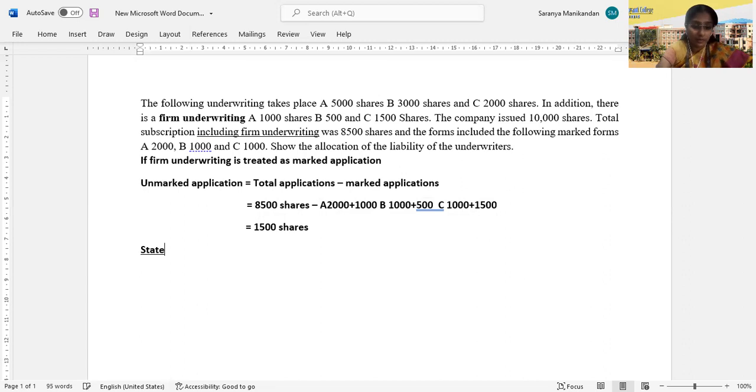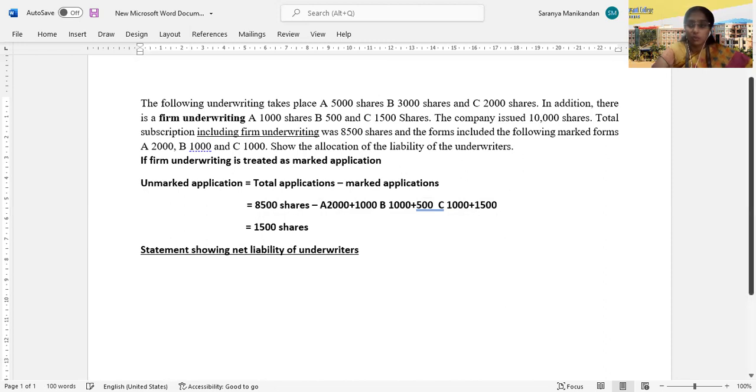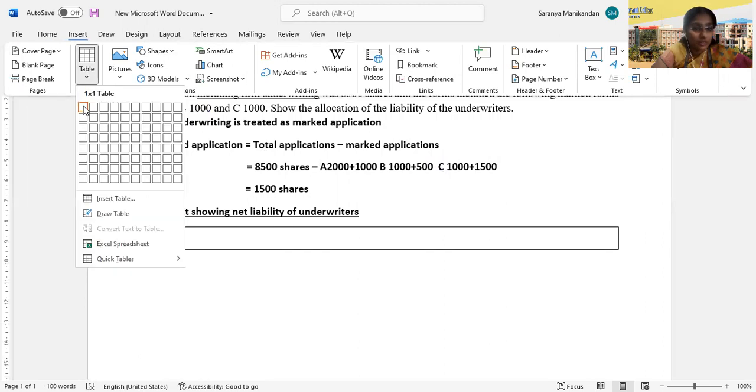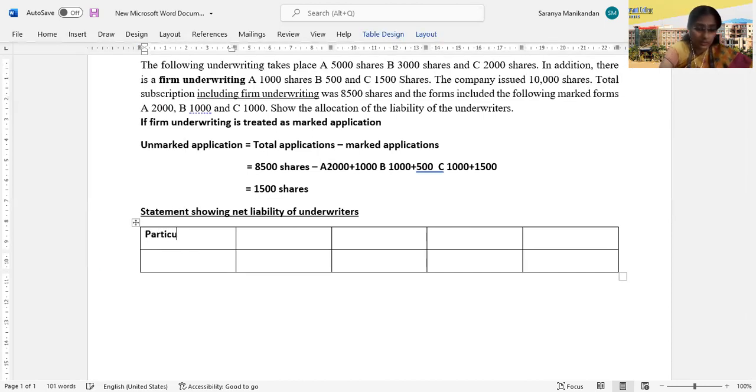Now we will prepare the statement showing net liability of underwriters. We need to provide the columns: particulars, then A in shares, B in shares, C in shares, then total.